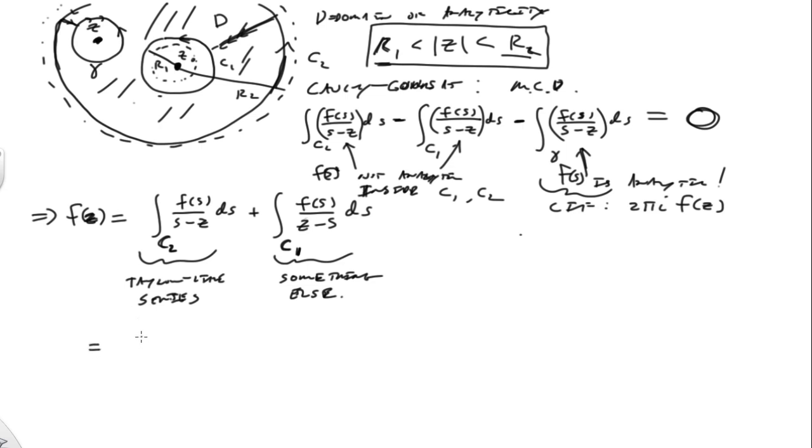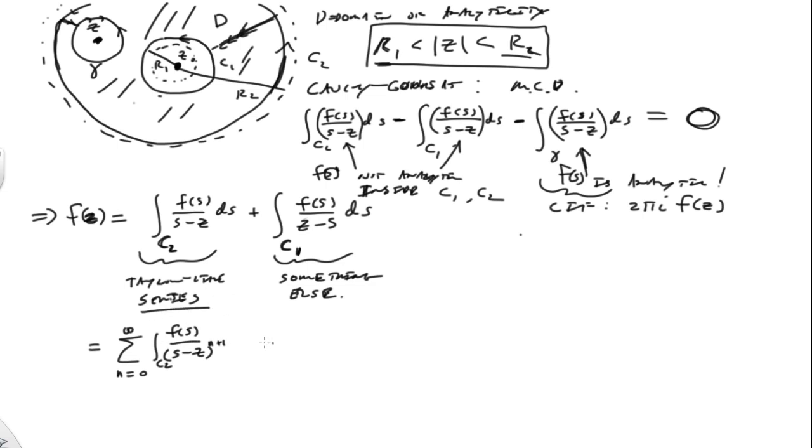And that's going to be the sum as n goes from 0 all the way to infinity of the integral over C2 of f of s over s minus z to the n plus 1 power.